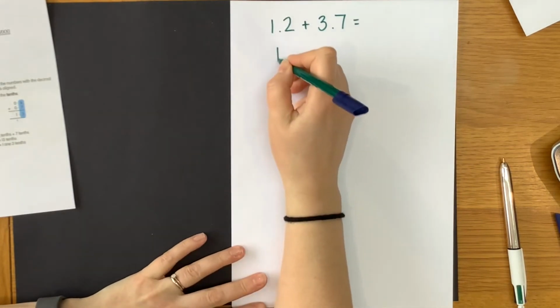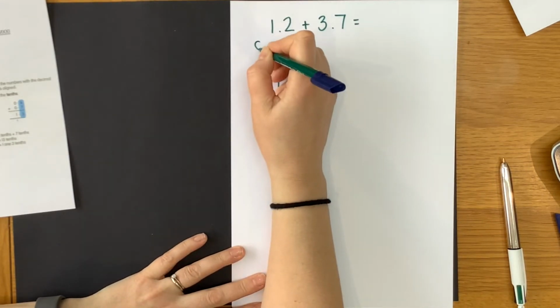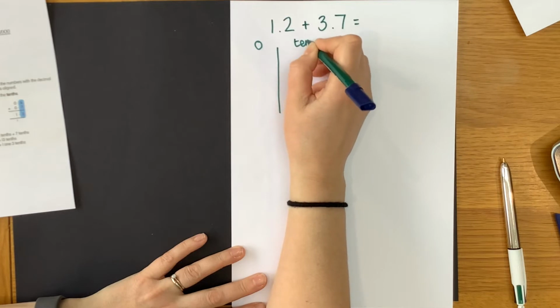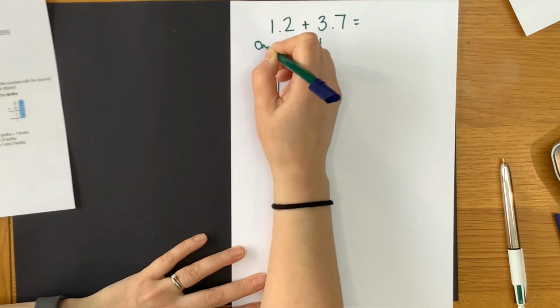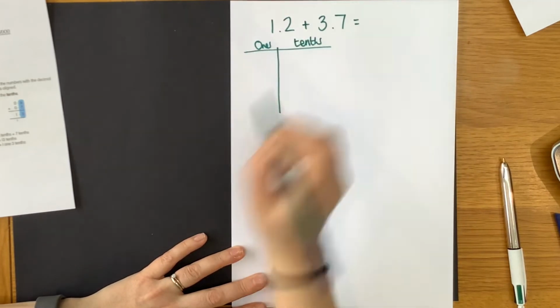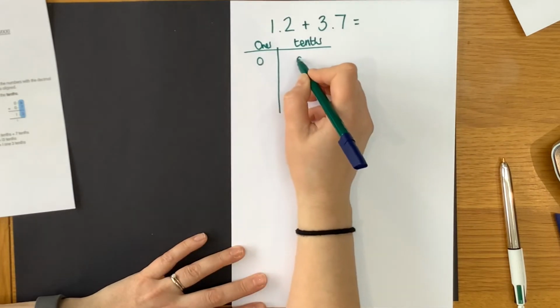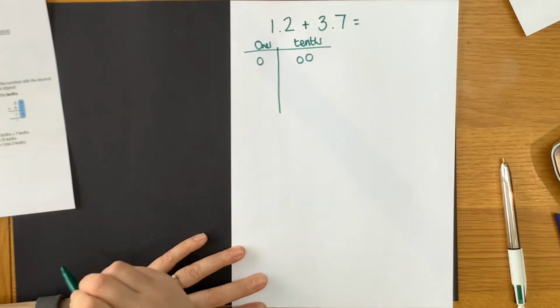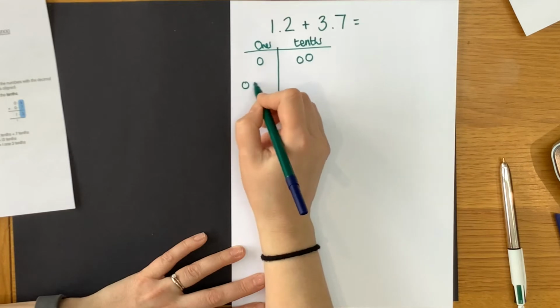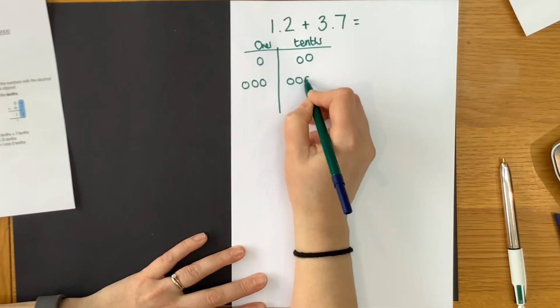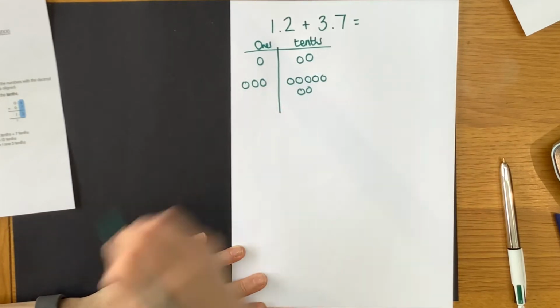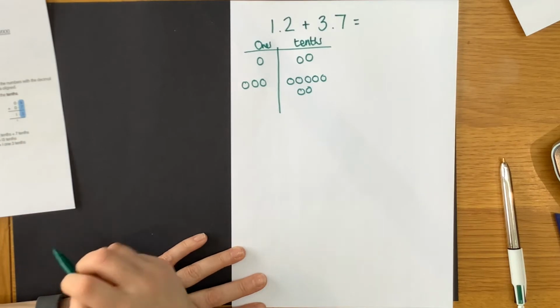Okay, let's have a look then. So here's my whole ones and here's my tenths. Okay, and then I'm going to say that I've got 1.2, 1 whole one and 2 tenths. And then I've got 3 whole ones and 7 tenths. And then to add them all together, of course, I'm going to do just that.